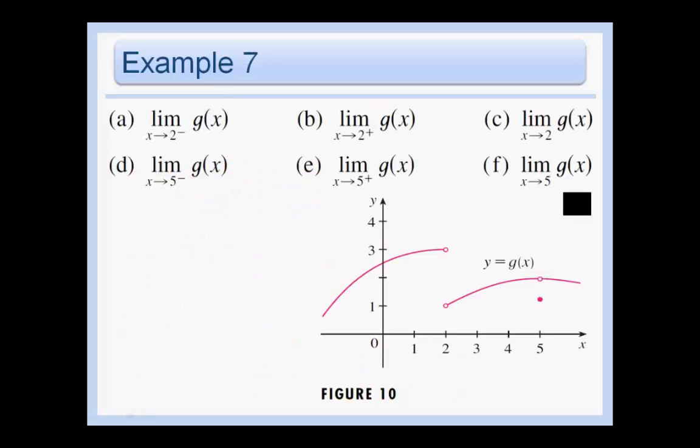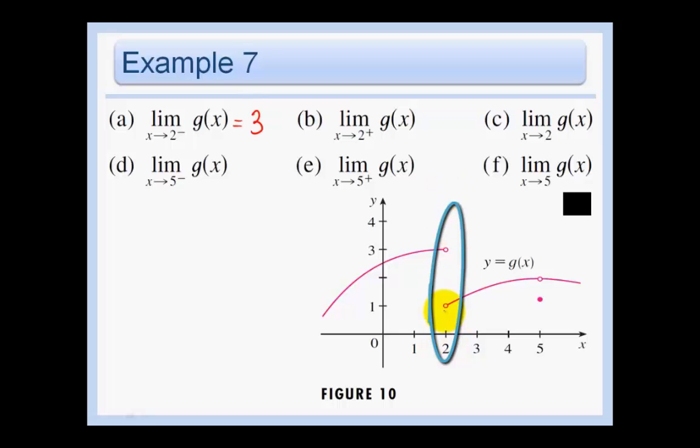All right, now let's just graphically look at some of these things. So, what is the limit as x approaches 2 from the left of g of x? We have y equals g of x graphed here. So, from the left, we are approaching the value 3. Remember, it does not matter that in this case, f of 2 is not defined.